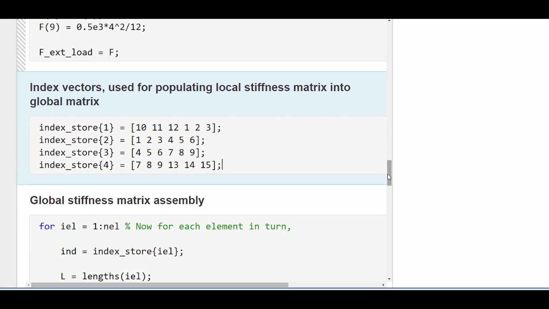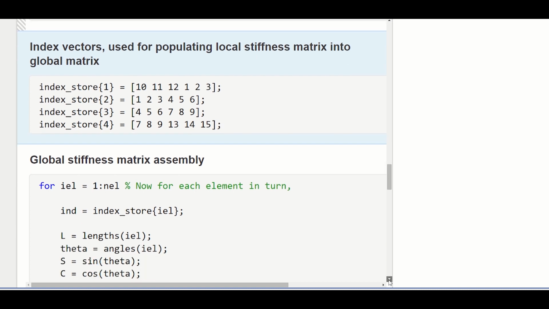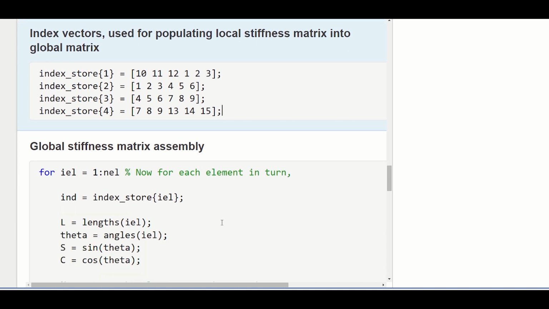Right, now we can go on with the global stiffness matrix assembly. So basically a for loop going through the entire element, calling the index store and the index vector, and assigning it to a variable int, and assigning a variable L by using the length function.